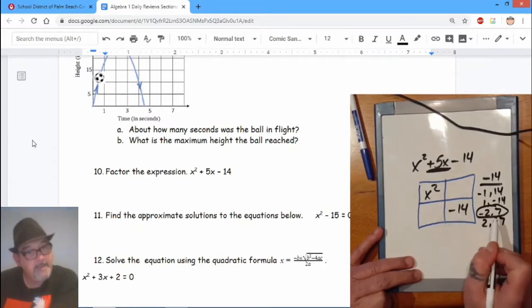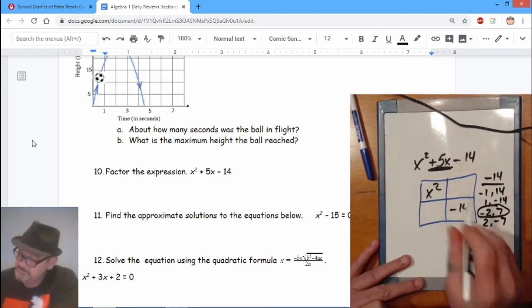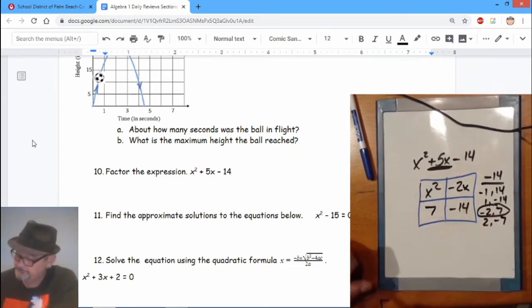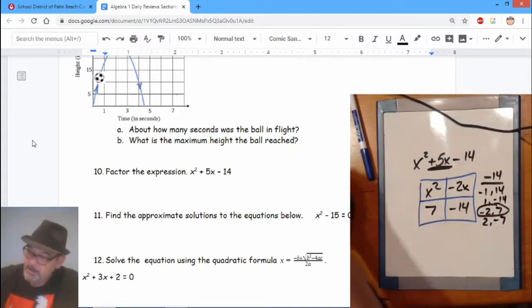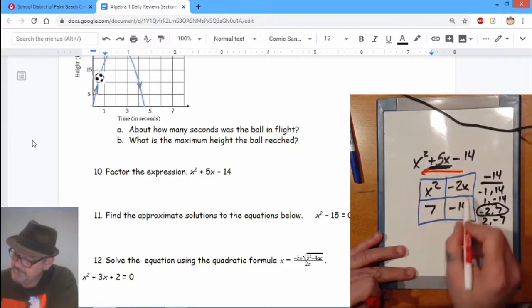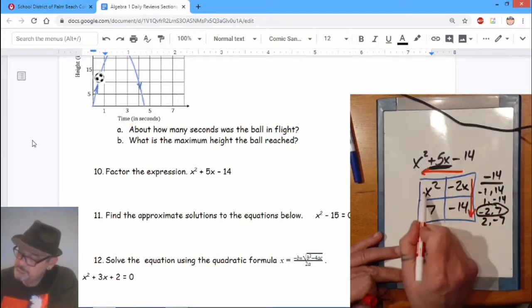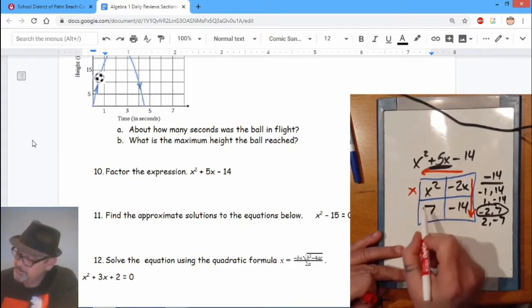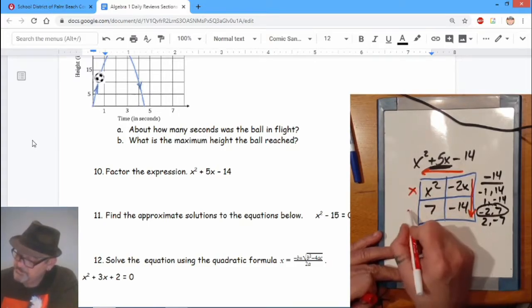So these become my x boxes. So this, negative 2x, this, positive 7. Now we take the greatest common factor across and down. So greatest common factor of x squared and negative 2x is just x. 7 and negative 14 is 7.